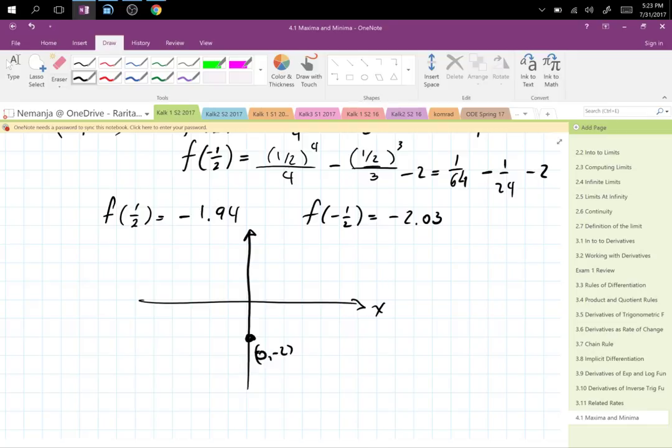When I move half a unit each side, for the negative I'm going to get the value here, and for the positive I'm going to get the value there. So we see that this point is an inflection actually, because it doesn't change, increase, decrease. We'll talk more about that next class, tomorrow.